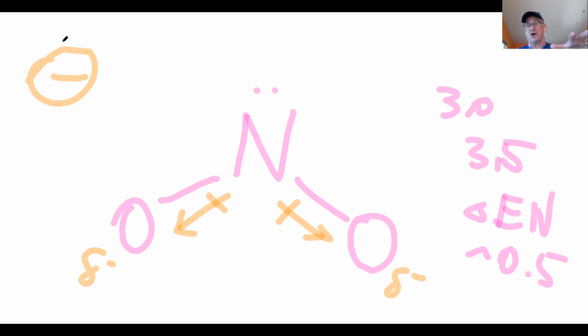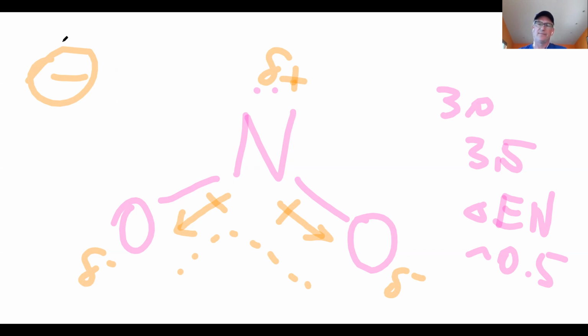If it was not charged, that dipole would not be as big, but it's slightly bigger because there's an extra electron that's delocalized in here. And the oxygen gets to keep that more than the nitrogen does. So we would put a slightly positive on the nitrogen.